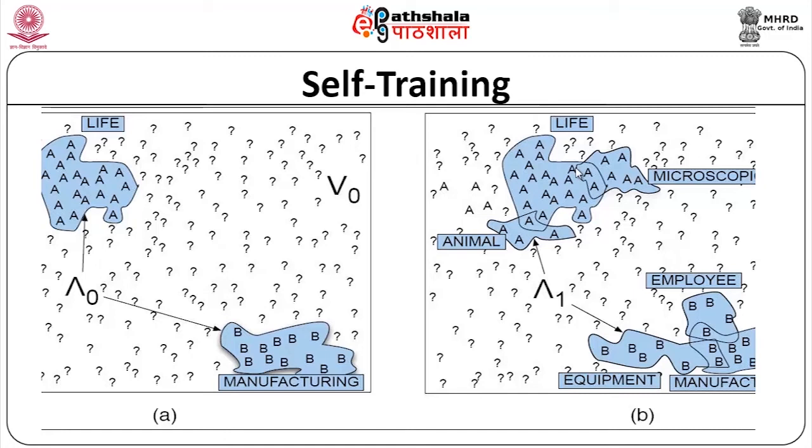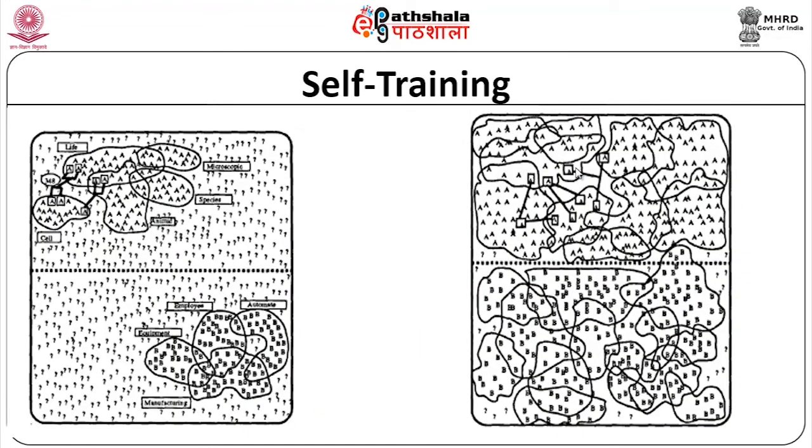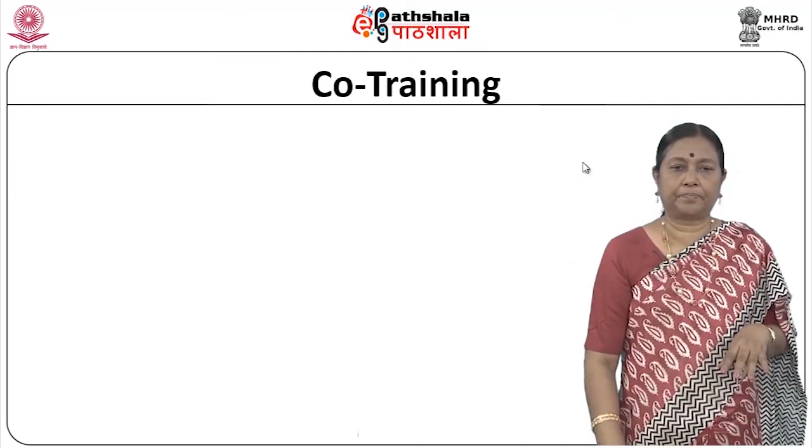Now you have other words too: animal, manufacturing, employee and equipment, all those come in. So, the sets are getting expanded. This is the iterative updating, and it continues until the residual set stabilizes, that is, there is no more change and it remains as it is.